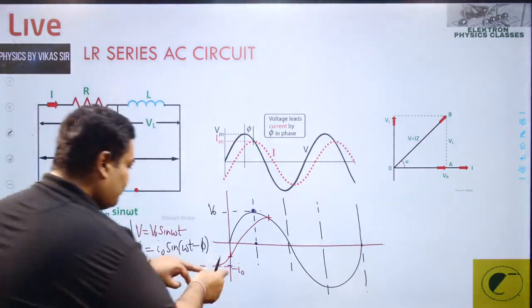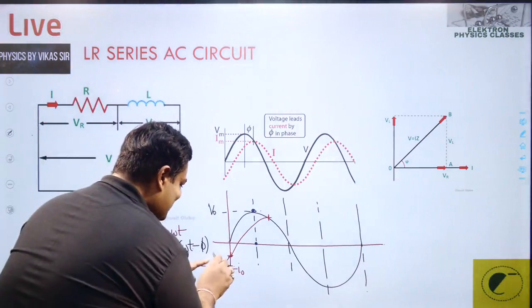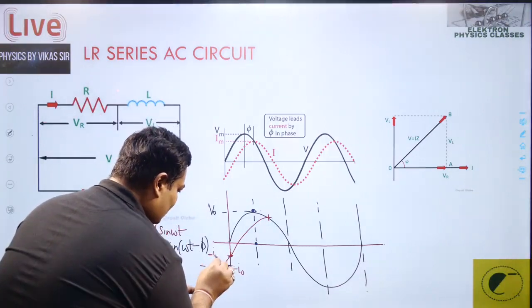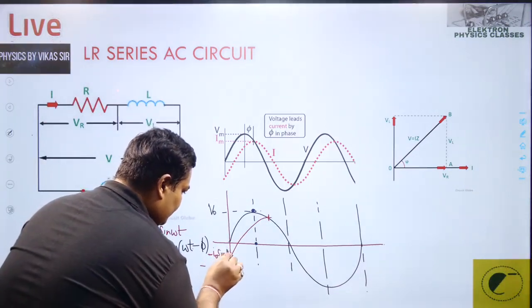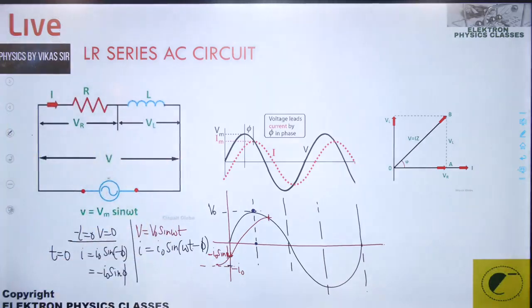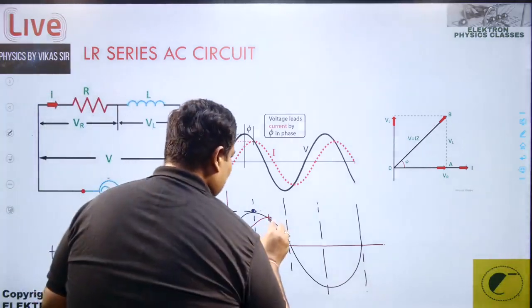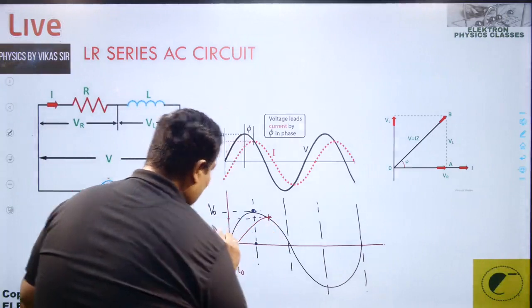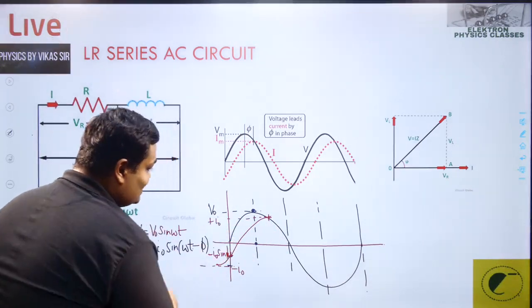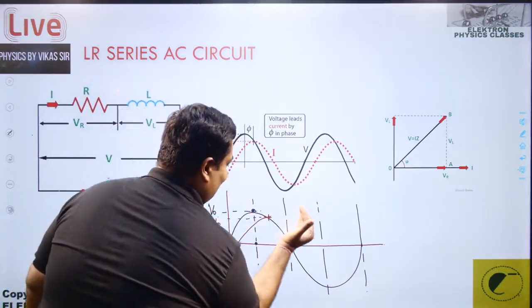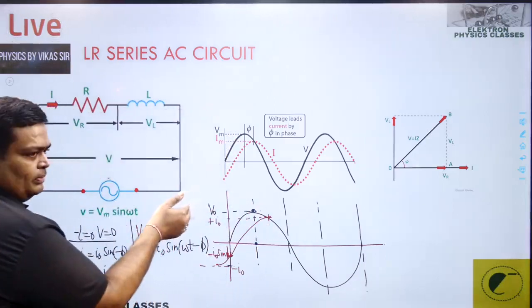But it does not start from there. It starts from this point. What is this? That is minus I naught sine phi, from where the graph is starting. And then it gets a peak here. So that becomes plus I naught. But it gets the peak at a later time in comparison to V naught.